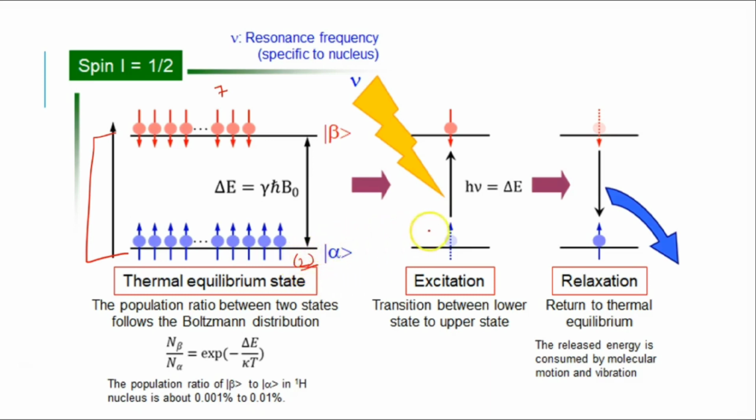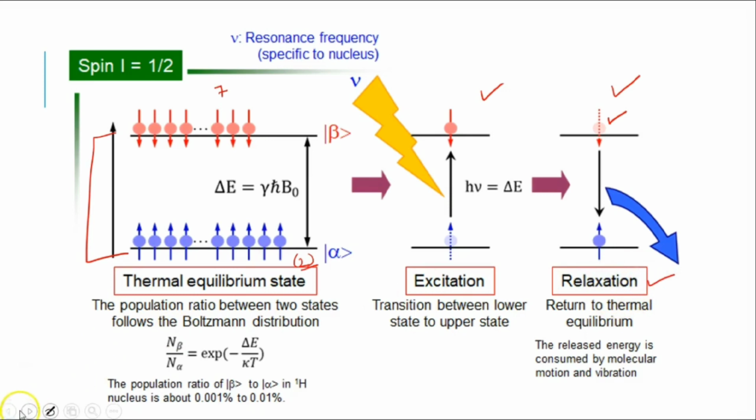You can see that the excitation occurs like this, and they have just shown how excitation and relaxation occur. So excitation occurs when the transition occurs between the low state and the excited state on absorption of energy, and relaxation occurs when the absorbed energy is released or emitted, and therefore the excited nuclei has returned to its ground position, and that process is known as relaxation.